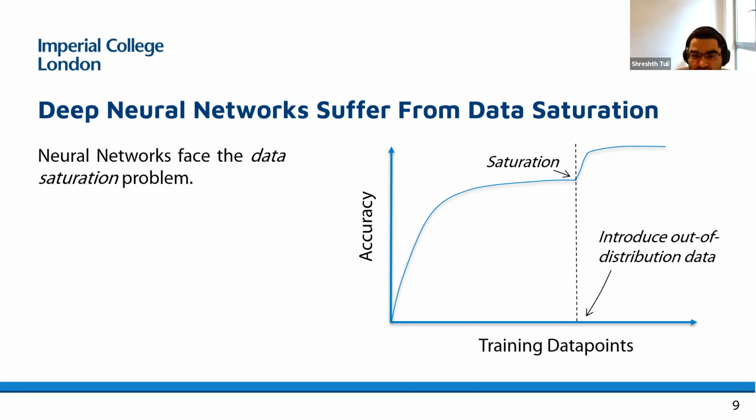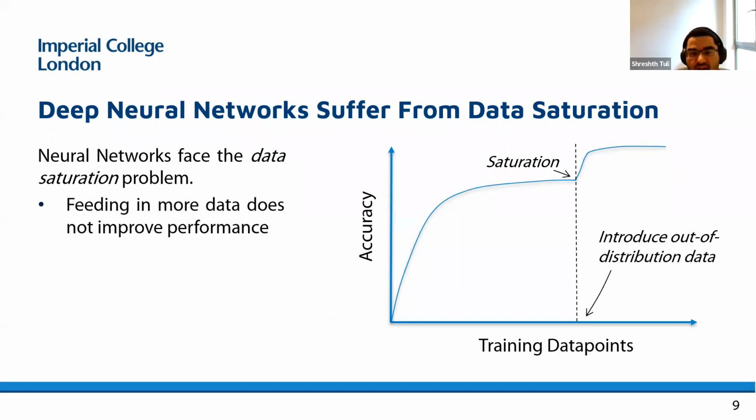Simply using gradient-based optimization is not sufficient, as these neural network models tend to saturate in performance. This is when feeding more data to the neural model doesn't really improve its performance. Specifically, as visualized in this figure on the right, out of distribution data just means that we need data from settings that the neural network has not seen before.